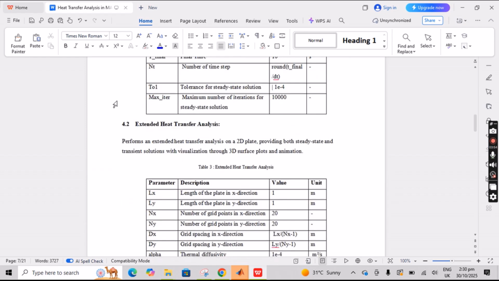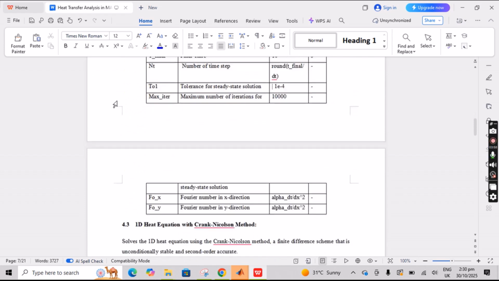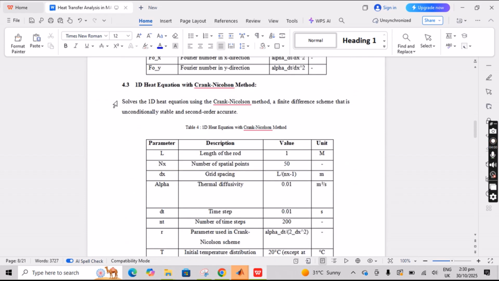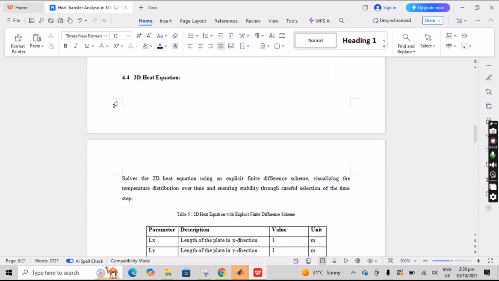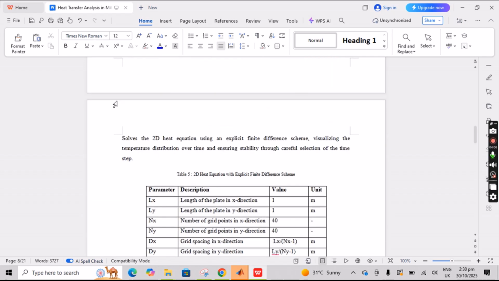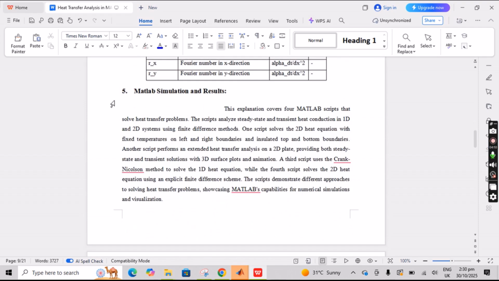Then external heat transfer analysis. So these are the different equations used in one-dimensional and two-dimensional heat transfer based on different materials.